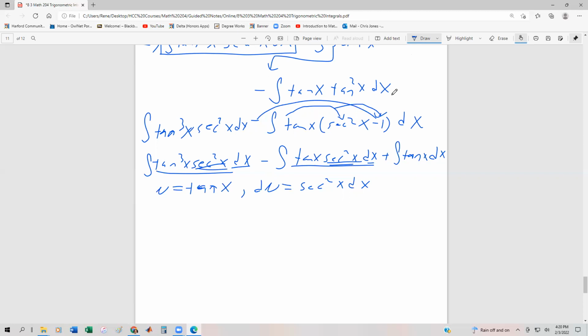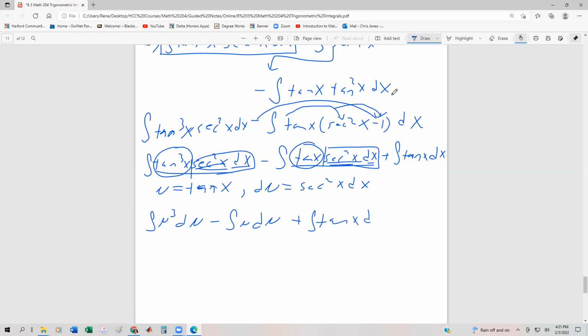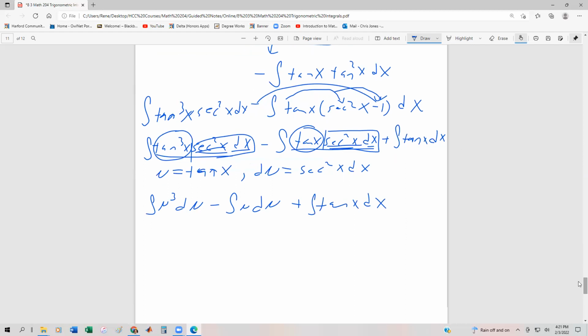So we are now going to have the integral of u cubed du minus the integral of u du. We're just substituting u for tangent and du for sec square x dx. And then we still have this tangent of x dx integral. That one's basic. So now we can go ahead and finally evaluate all of these.